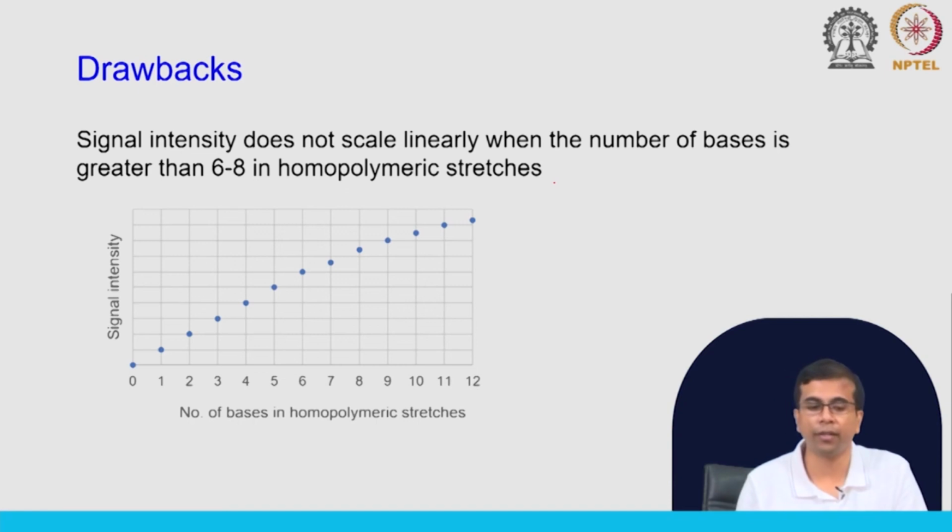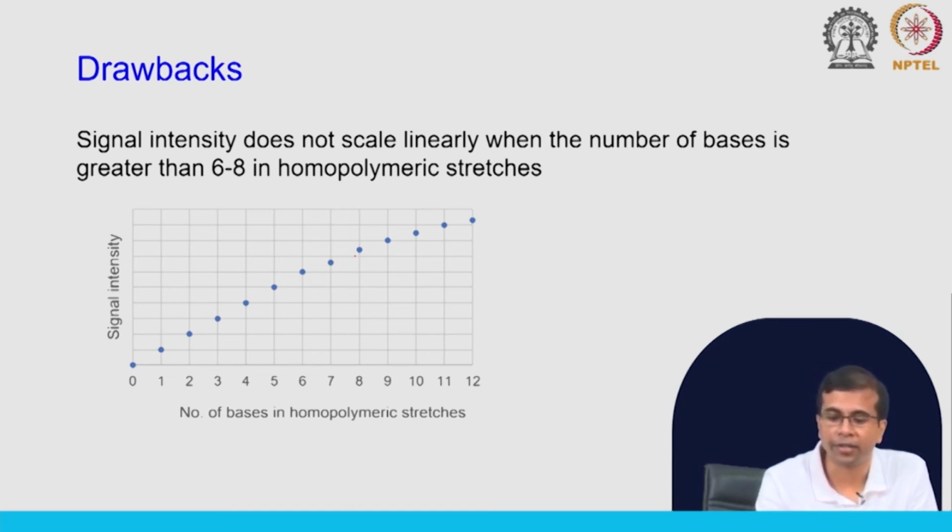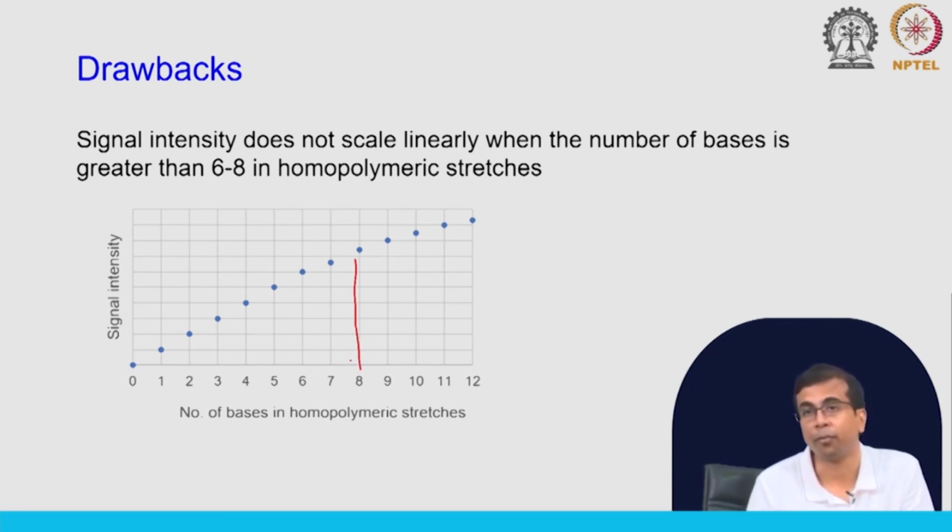Here is a schematic of the whole thing. The x axis is the number of bases in homopolymeric stretches, as I just explained, and the y axis is the signal intensity. In the initial part, up to 6 to 8, the signal intensity is linearly proportional to the number of bases in the homopolymeric stretch, but after that it slowly starts to saturate.